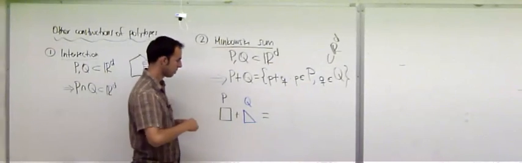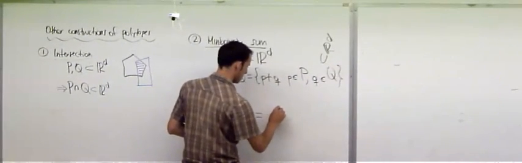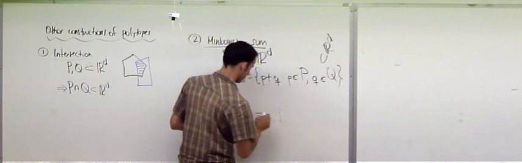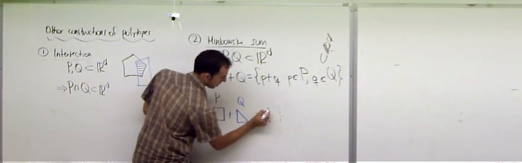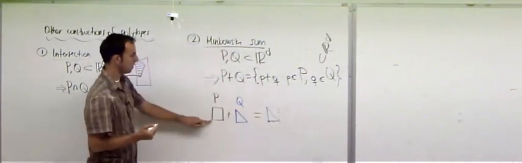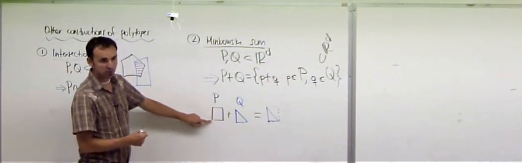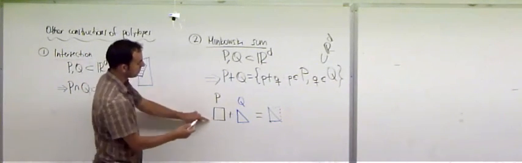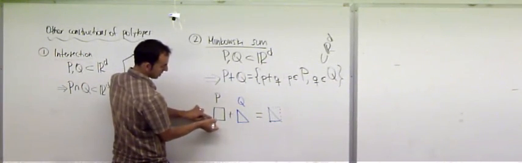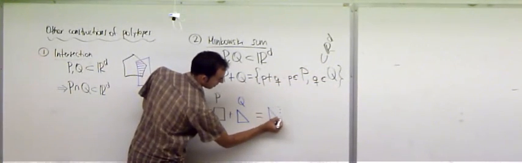Okay. So just imagine that here's my P. And then corresponding to this point, I'm going to get a triangle's worth of points in P plus Q. But I'm supposed to do this for every single point in P. So for example, let's move up P. Here I'm also supposed to get a triangle's worth, and that triangle is going to be kind of the same but a little bit higher.